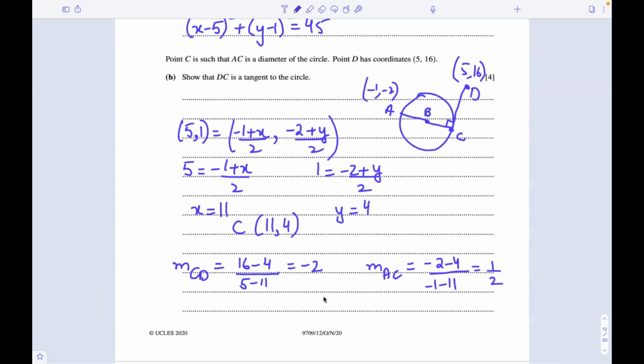Now, as we have the two gradients, to show that they are perpendicular, we can just show that when the two gradients multiply, the answer would be negative 1. This shows that the two lines are perpendicular. So multiplying minus 2 by a half, we have minus 1. Hence it's proven that DC is perpendicular to the diameter AC. As AC is the diameter and the gradients are negative reciprocals, we can say that DC is a tangent to the circle.